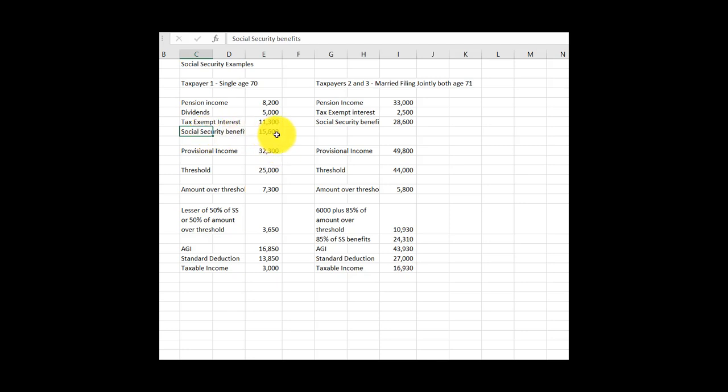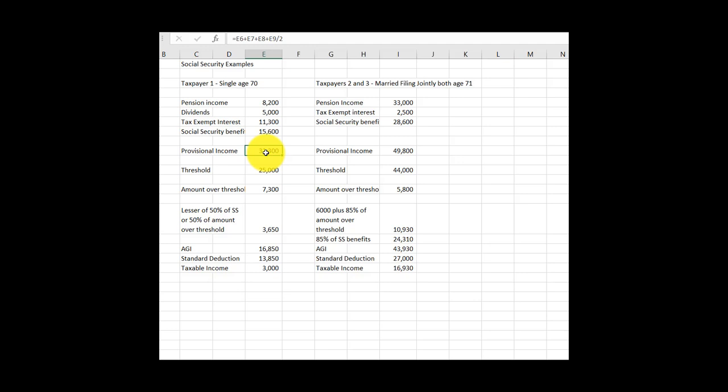So in calculating how much Social Security is included in income, you need to calculate provisional income, or modified adjusted gross income, which means in this case you're going to add in the tax exempt interest. Normally that would not be included in income because it is tax exempt. Municipal interest from city or state governments or school districts, things like that.